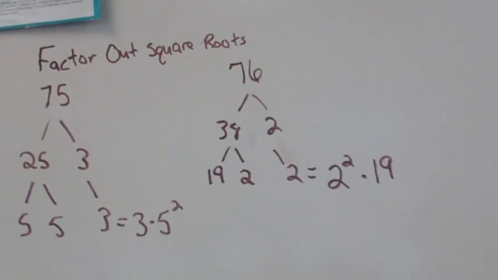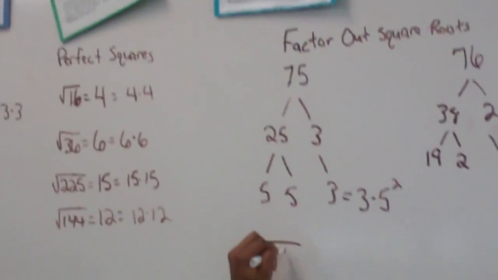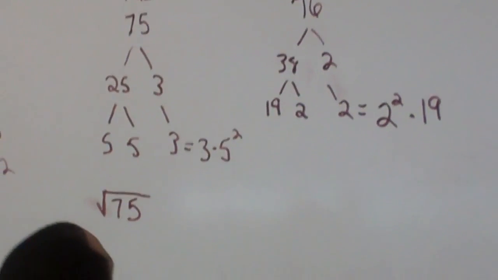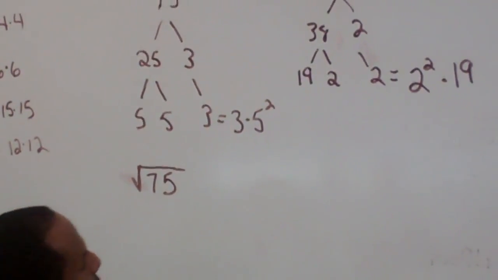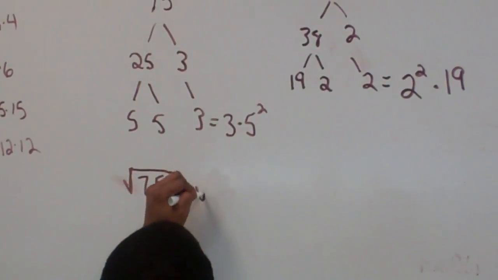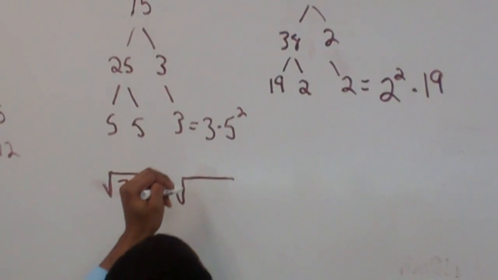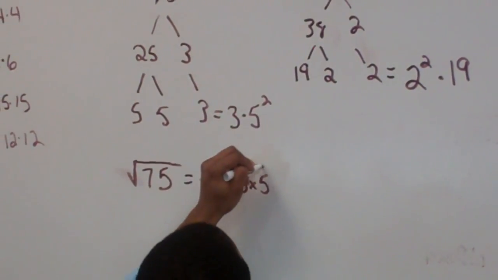All right. Now that we have this, if I give you this problem, the square root of 75, you can take what you have here to help you solve this. If we factor 75 out, it would be 3 times 5 times 5.